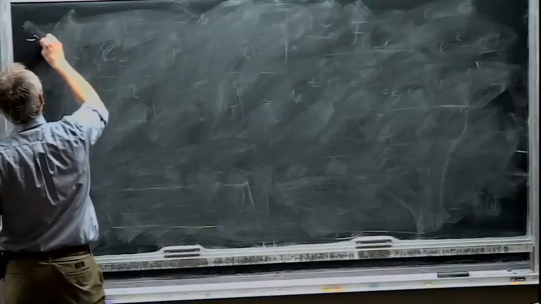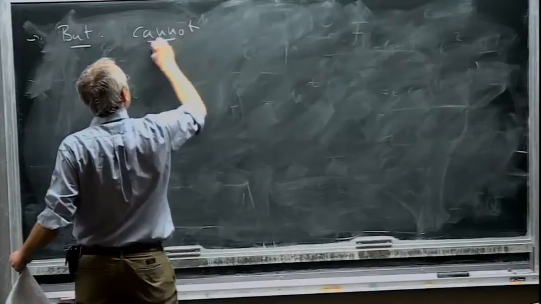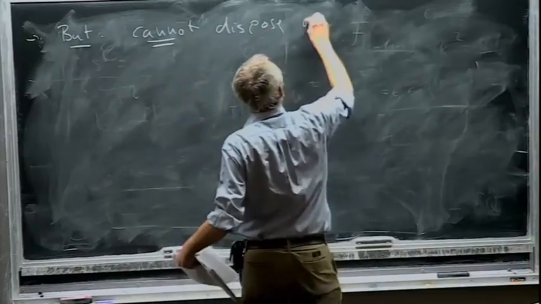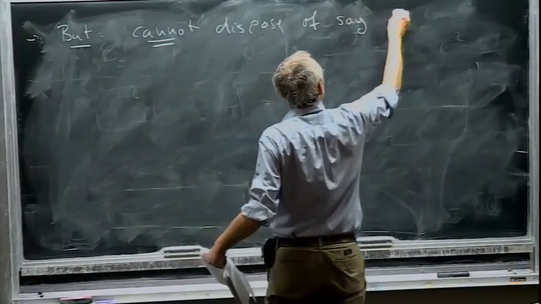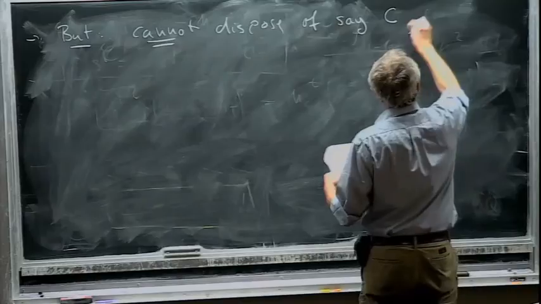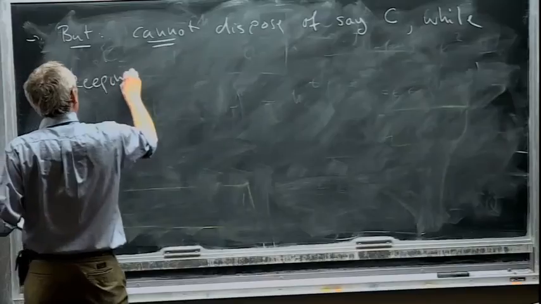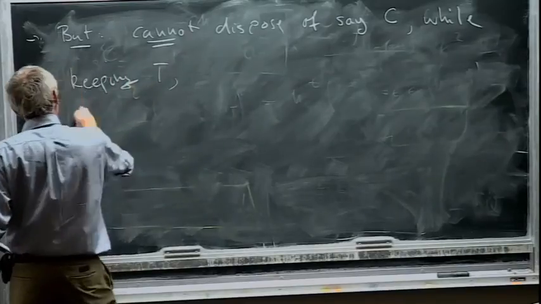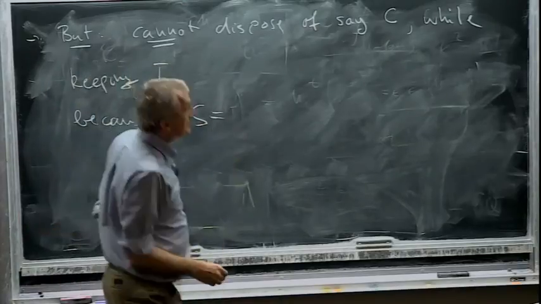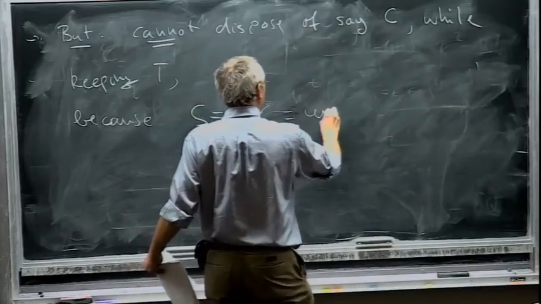But we cannot dispose of, say, C while keeping T, because S, which is TC, which is unitary.